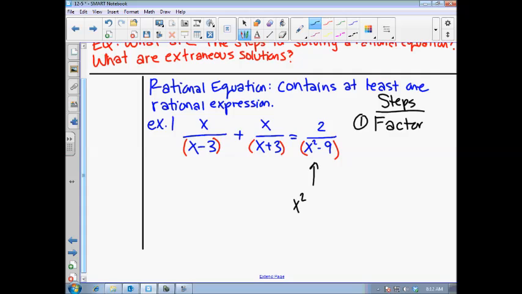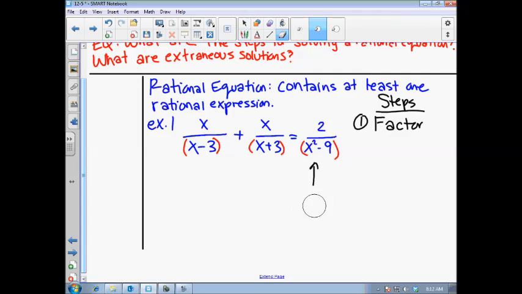I'm going to erase this stuff and write it in black so you don't have to write it. x squared minus 9. How many x's are in the middle between x squared and minus 9? 0. Okay, so can you think of two numbers that multiply to negative 9 and add to 0? Yep, 3 and negative 3.